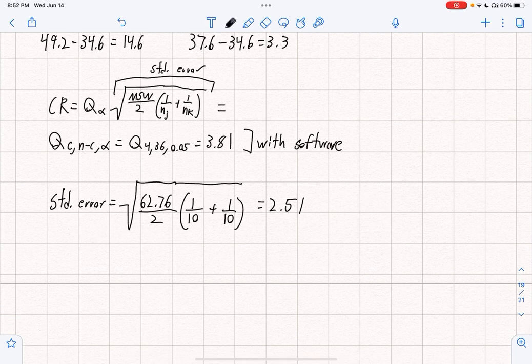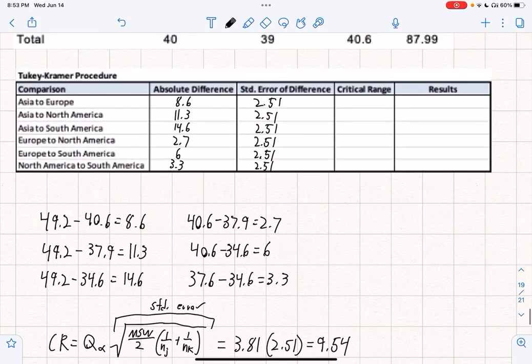So this is going to be equal to 3.81 times 2.51, which is equal to 9.54. And so we have 9.54. Again, this is kind of a stupid way to do it because I'm writing the same thing over and over again.